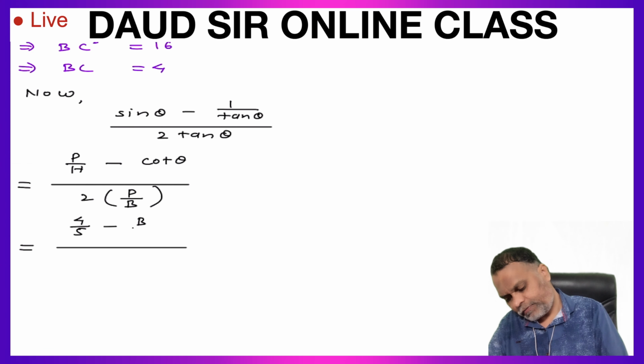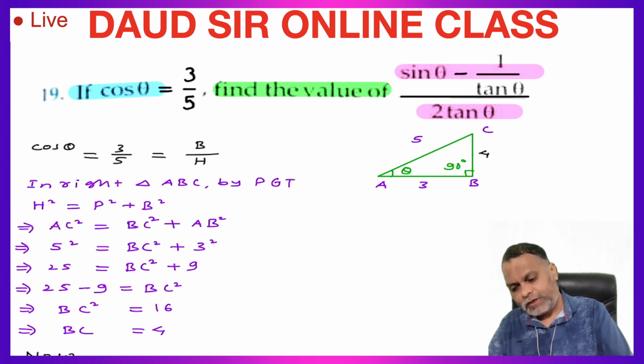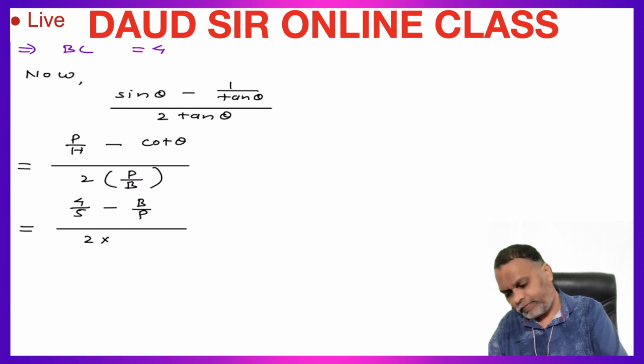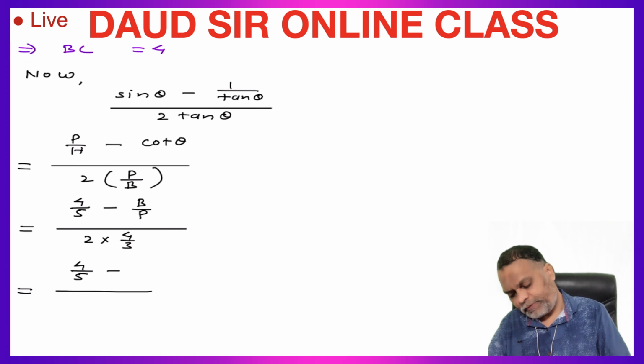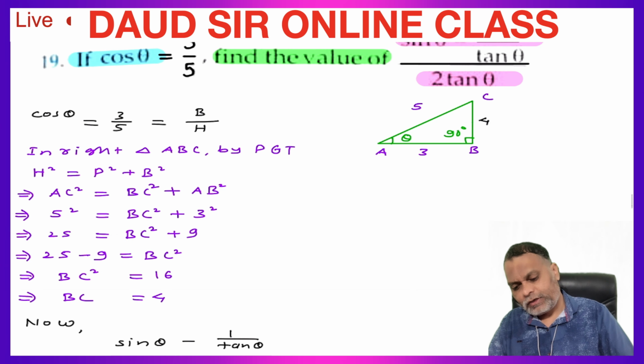We can write base upon perpendicular upon 2 into perpendicular upon base. Perpendicular is 4 and base is 3, so 4 upon 3. Simplify this. This is 4 upon 5 minus base upon perpendicular.